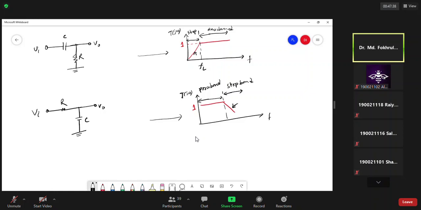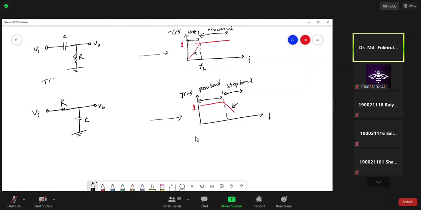Okay, this case happened for unity gain because of the passive filter. If we incorporate a simple voltage buffer circuit, then we can get the active filter. In this case we have calculated the transfer function.